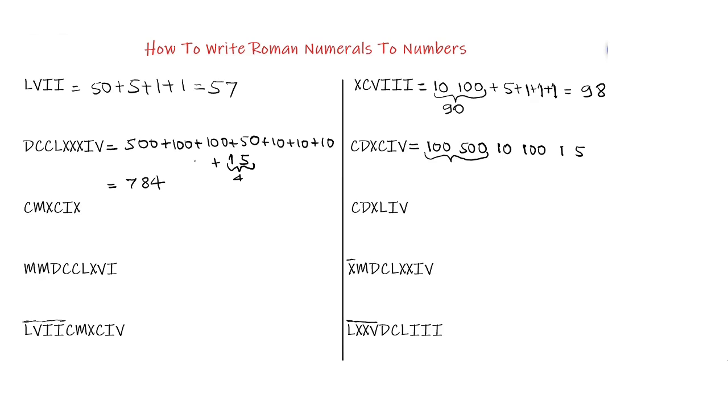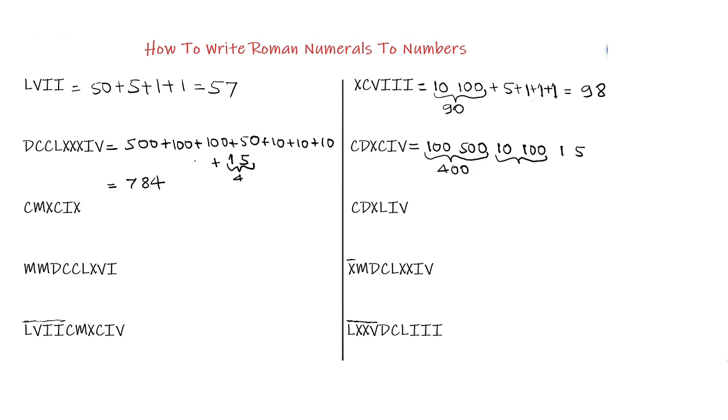So this becomes 500 minus 100 equal to 400. Then XC, X is 10 and C is 100. Again X is a lower value than C, so 10 is prior to 100. It means that 10 is to be subtracted from 100.